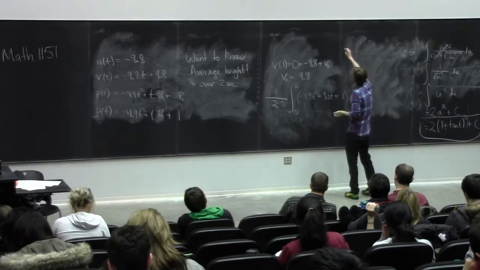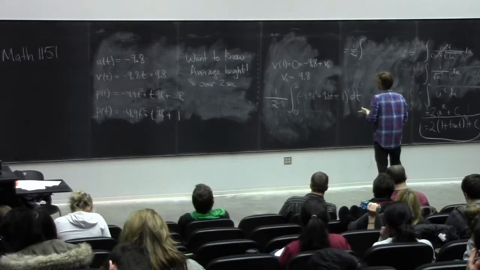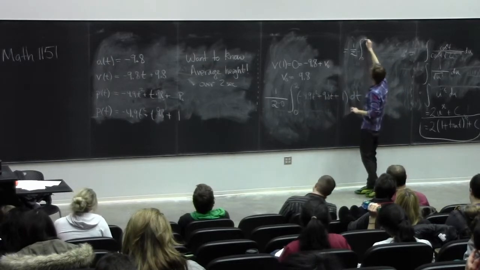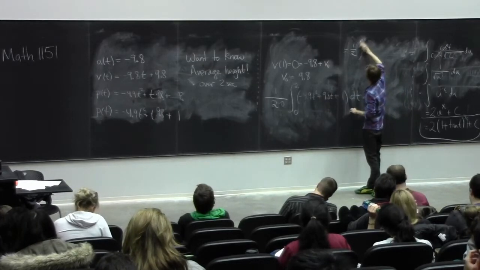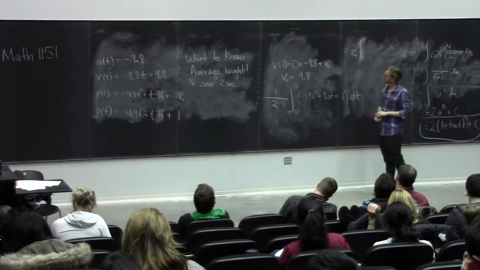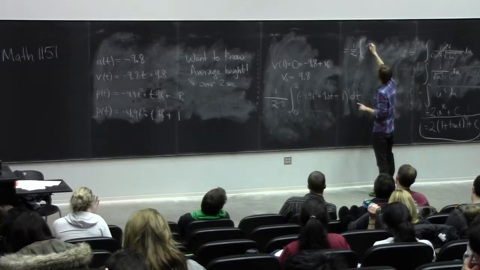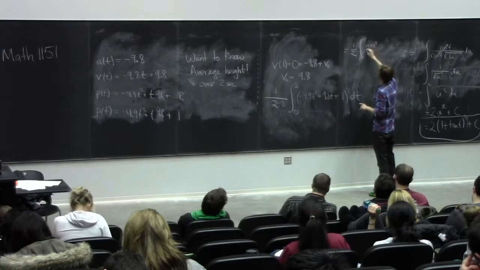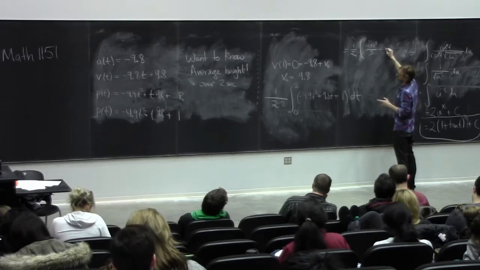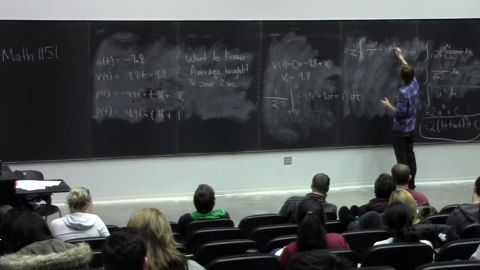This one is equal to 1/2 times the antiderivative. What's the antiderivative of this first term here? Oh, hold on. No more integral sign. There we go. 1/2. What's the antiderivative of this? Yeah, that's right. Plus 4.9 t squared, right?